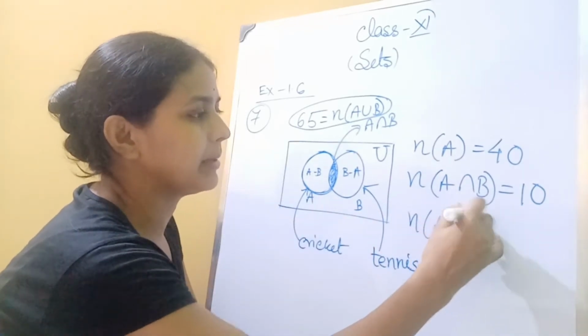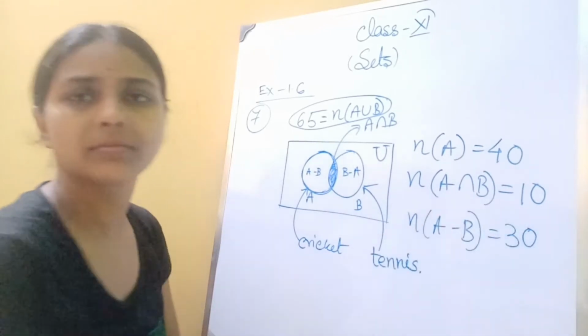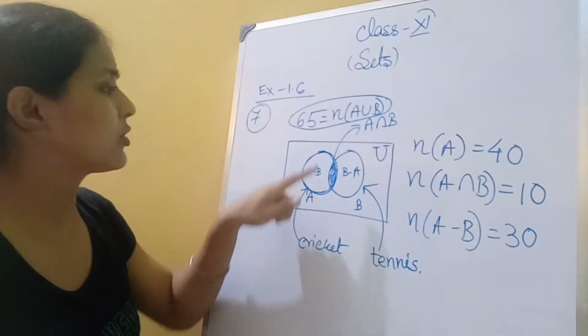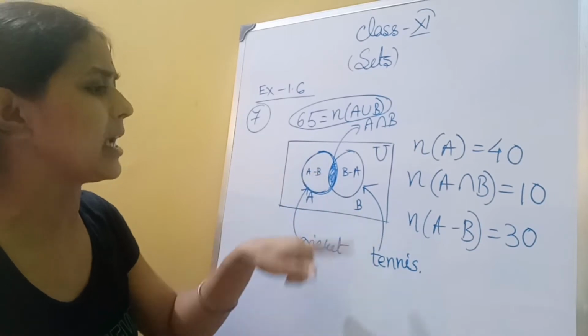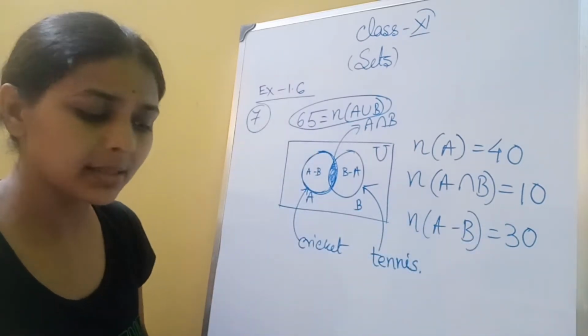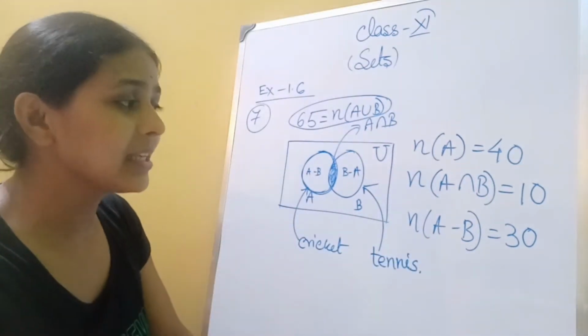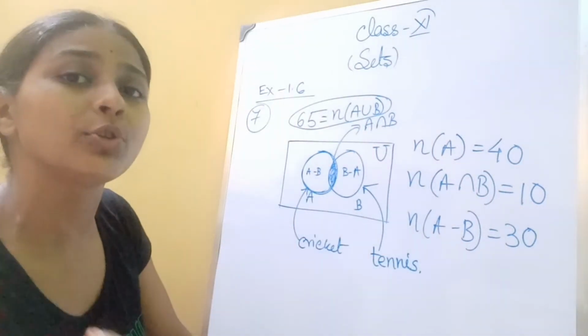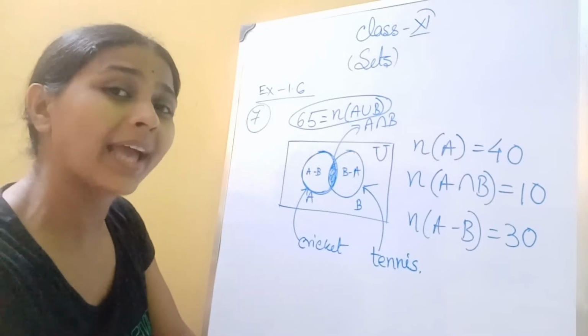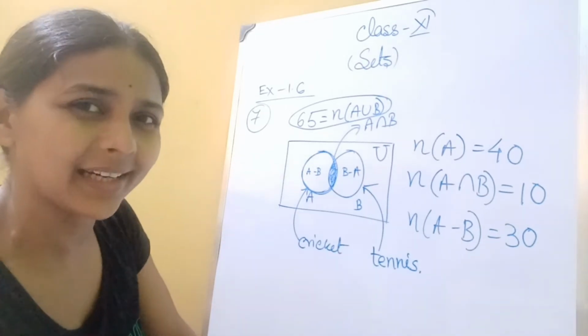A minus B will be 30, quite simple, because the total is 40 and the common part is 10. This A minus B is the set of those persons who like cricket only, not tennis.